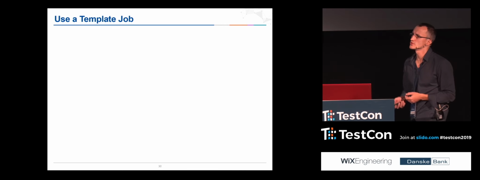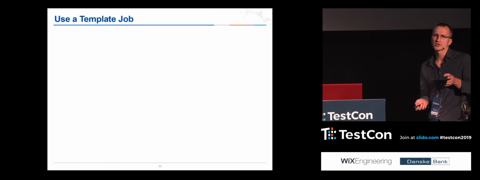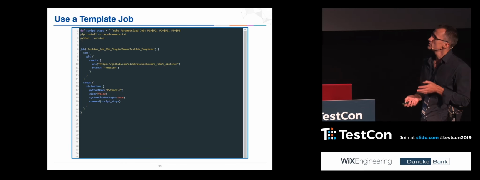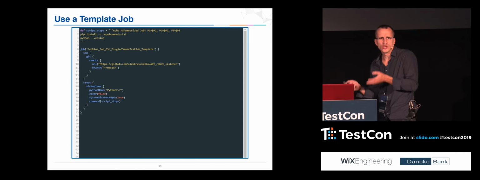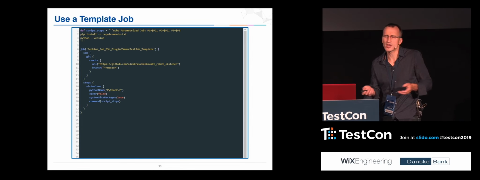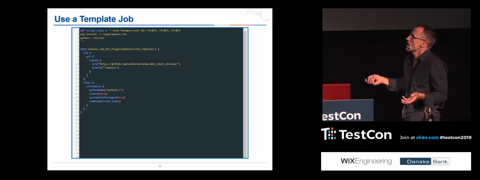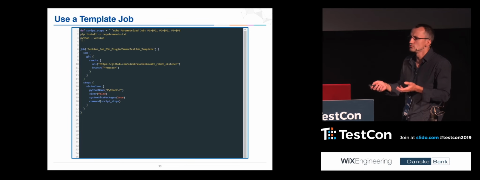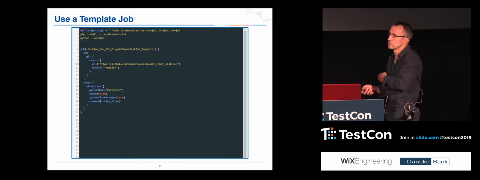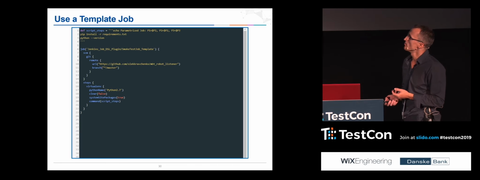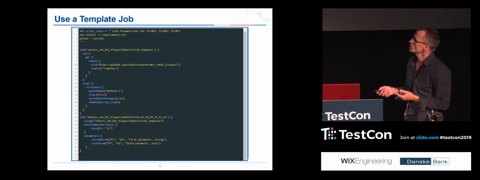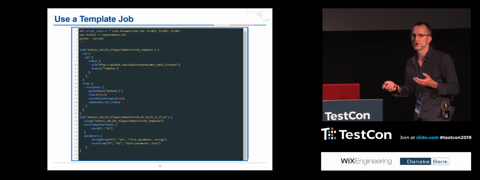So how do we do this? We use the concept called template job, right? The template job is a regular job that you define, right? So it contains the same steps that you would add to your regular job. But it may be used by another job as a template for it, right?